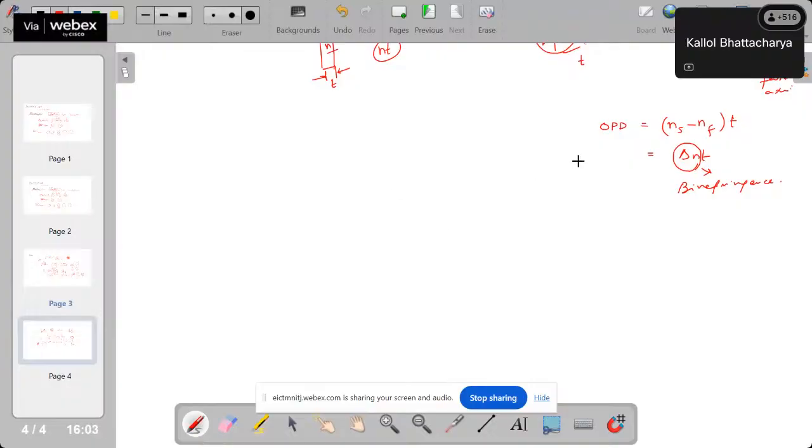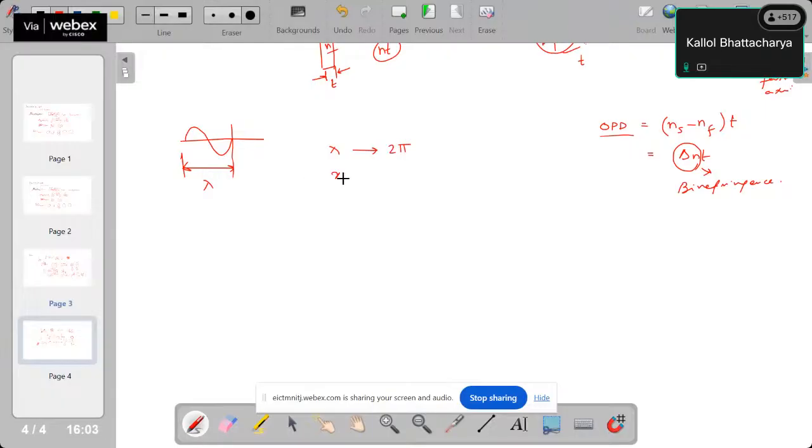Now, if this is my optical path difference, then what is the phase difference? We know that an optical path difference of lambda is equivalent to a phase difference of 2 pi, one full wave period. In terms of phase, it's 0 to 2 pi. So lambda optical path difference corresponds to 2 pi phase difference.